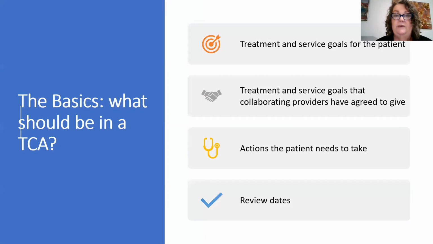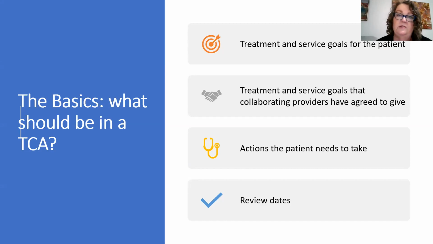What should be in a team care arrangement? It should have the treatment and service goals for the patient. It should have the treatment and service goals that the collaborating providers have agreed to give, actions that the patient needs to take, and review dates.